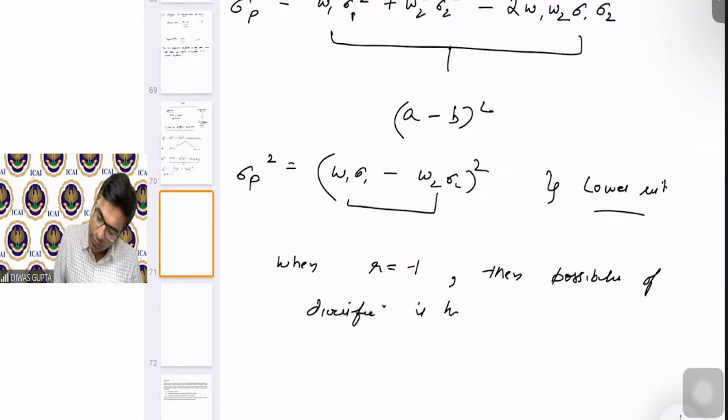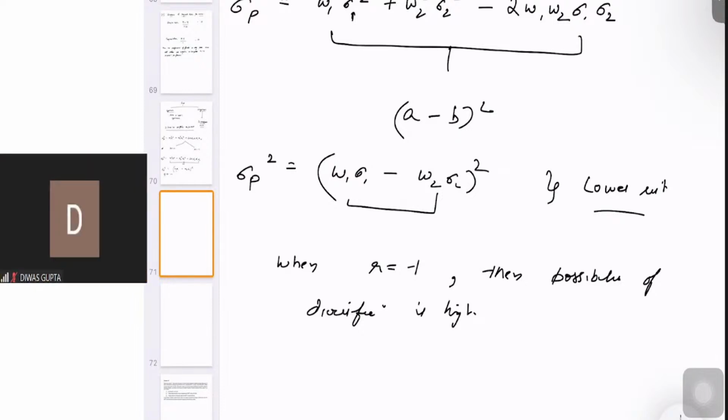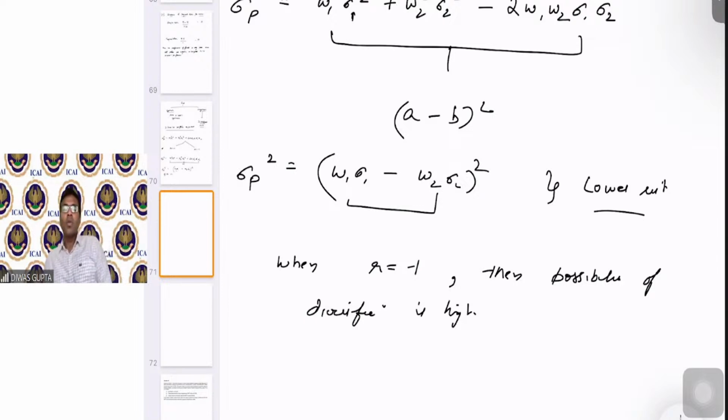Correct, students? Whenever R is equal to -1, then the overall risk will become lower. Okay, students? This is the key takeaway.